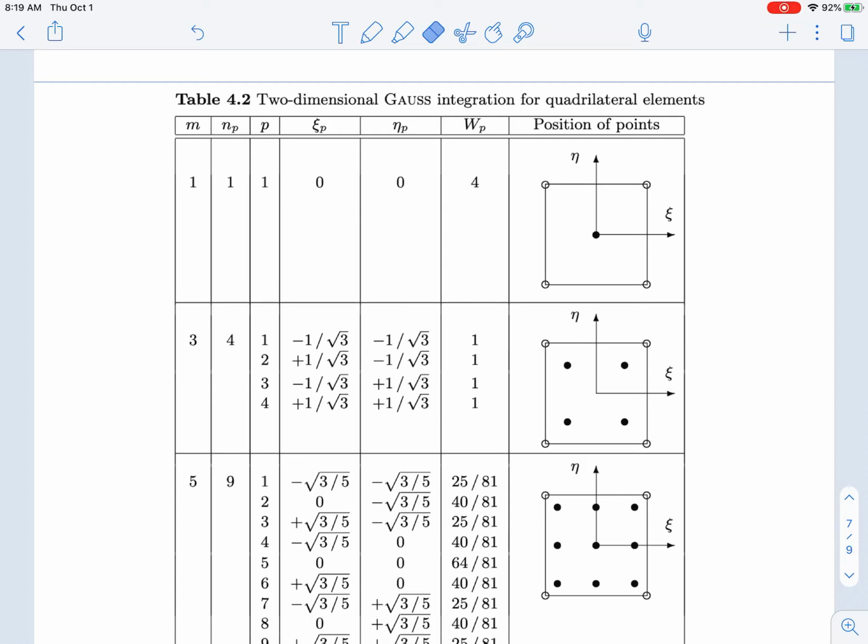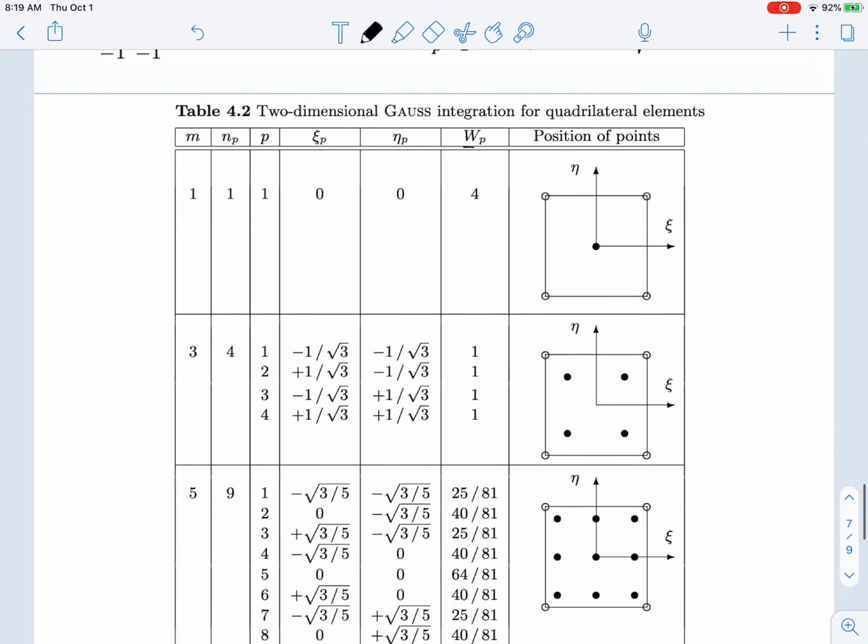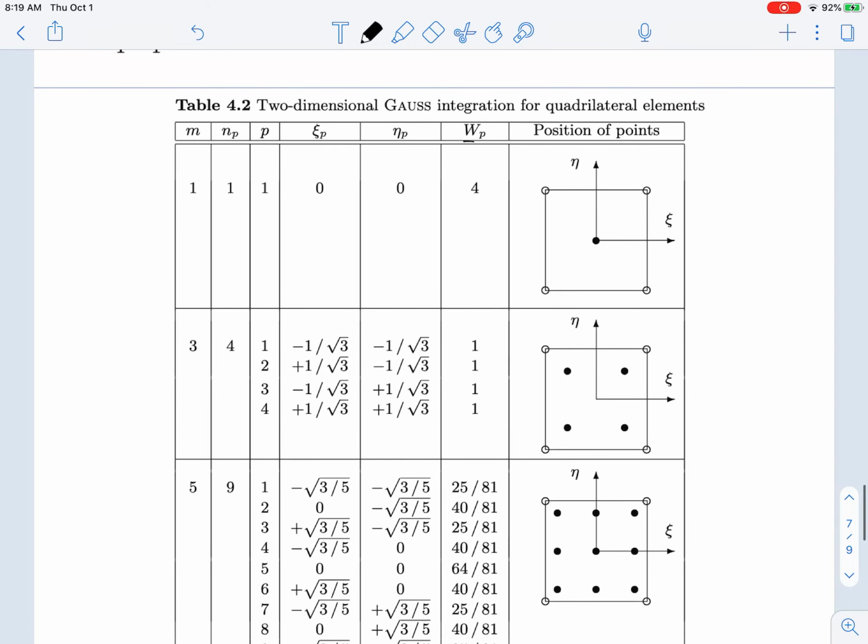And in Rigger's book, table 4.2, you'll find that if you can only spend one integration point, then your best choice is to evaluate at 0, 0. If you have 4 integration points, then this is your best choice. If you have 9 integration points, these are your best locations and the corresponding weights. So it's just a matter of following the recipe.